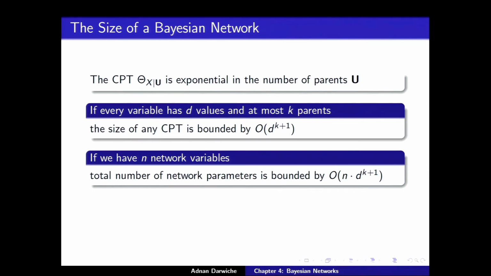So what happens when the number of parents is large? People have been studying ways to come up with more efficient representations for these CPTs that are not tabular and therefore not exponential. In chapter 5, we look at some of them. The ones that are more successful are specialized. They do not always apply. They apply in some situations.